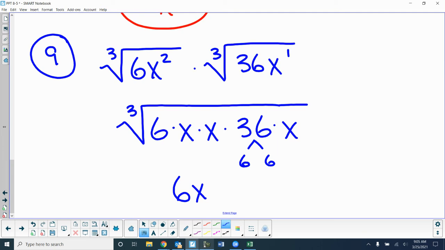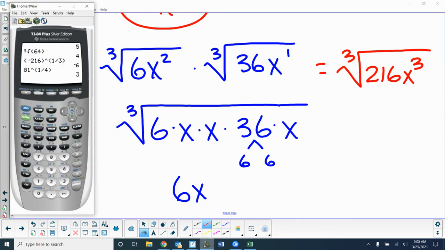Now, if you wanted to, you could do this and multiply. And 6 times 36 is 216, and x squared times x is x cubed. And then just do cube root of 216, get to 6.